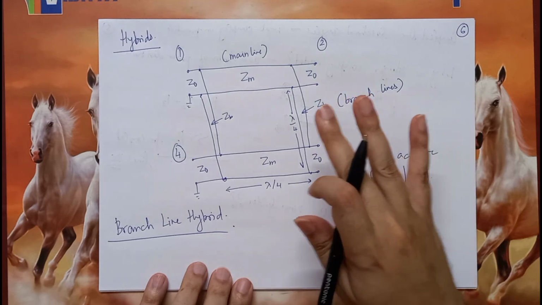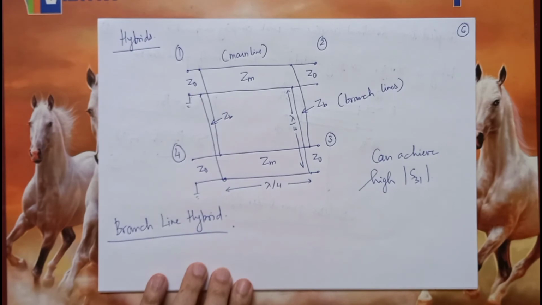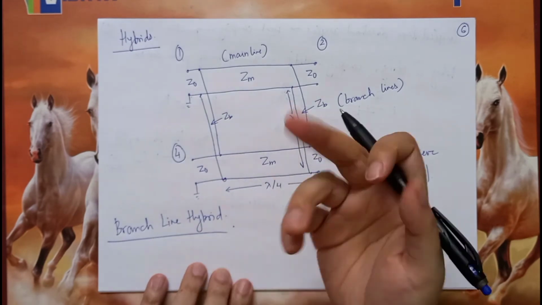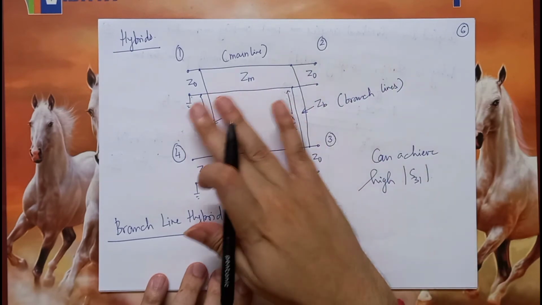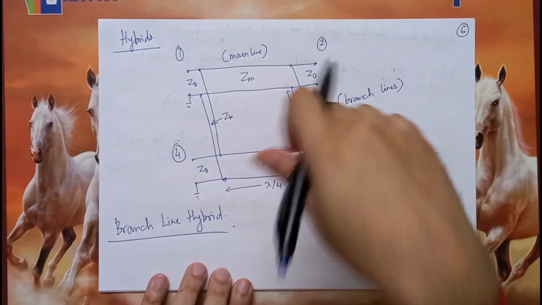Now obviously there are these variables Zm, Zb, Zm, Zb and the characteristic impedance of the feed line Z0. So obviously there is some relation that could be there between these, and these impedances are extremely critical in deciding how much power goes to port 2, how much power goes to port 3.